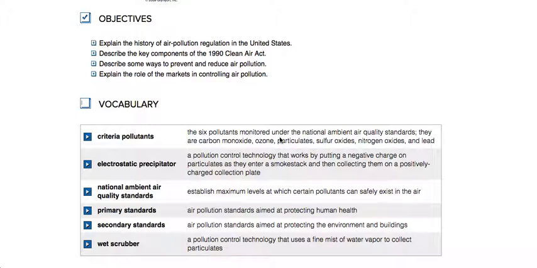So let's talk a little bit about some introductory information. Those of you that have taken biology understand that air is essential for living things, okay? And you'd only live for a few minutes without it. And hopefully, as we've talked about stewardship throughout our lessons this year, you understand that there needs to be a concern about pollution in general.